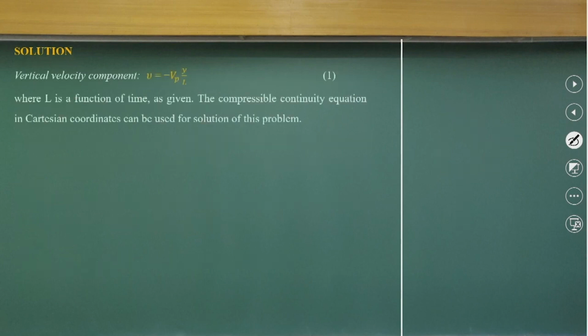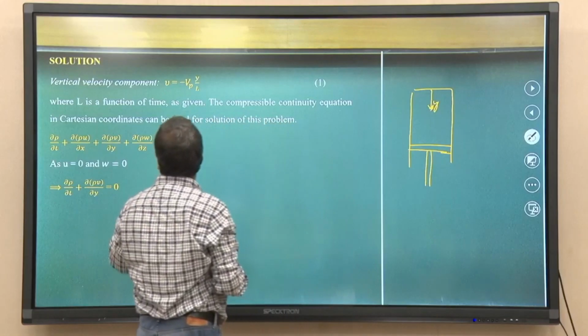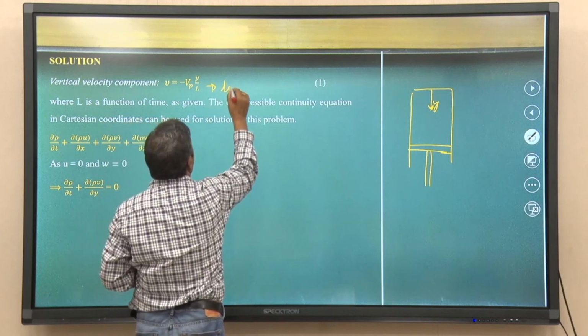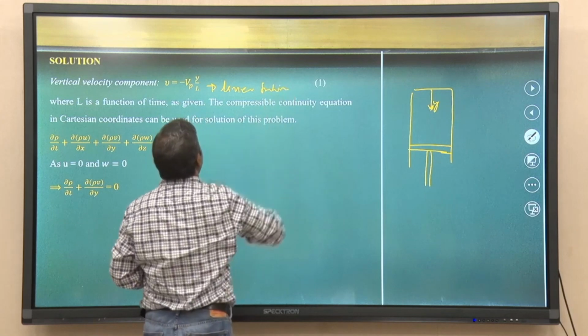Now, look at the solution part, let me explain that. As the piston is moving in the y direction, we can consider the velocity variation within the piston area. The vertical velocity can be considered a linear function.